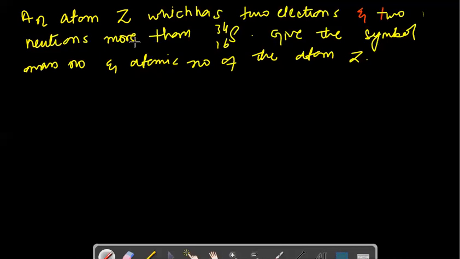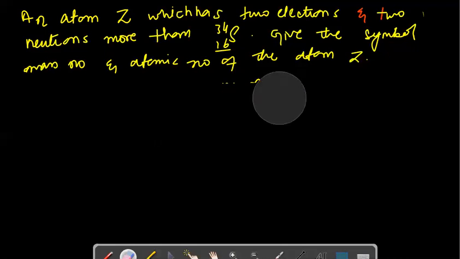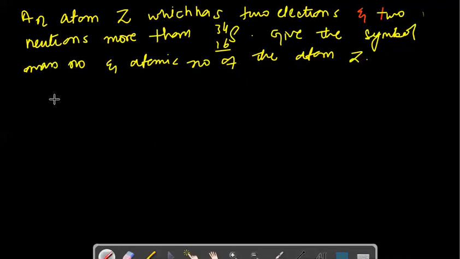Okay, so here they have given you that there is a species which has 2 electrons more than S 16. So this species will have 2 more electrons than 16.